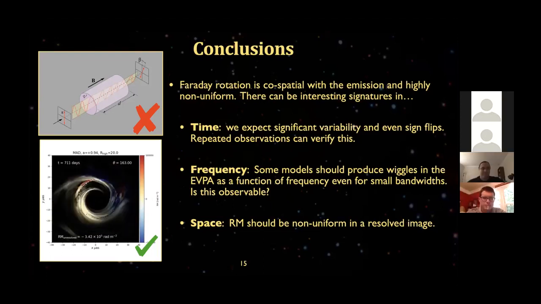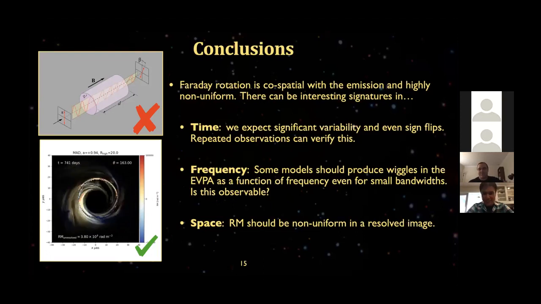But as I mentioned before, the fact that the sign is stable, my way of reasoning that is perhaps that there's more Faraday rotation on larger scales, an external screen on top of all of this, and then the variability that would occur on event horizon scales maybe just isn't large enough to overcome the larger amount of RM coming from an external screen.